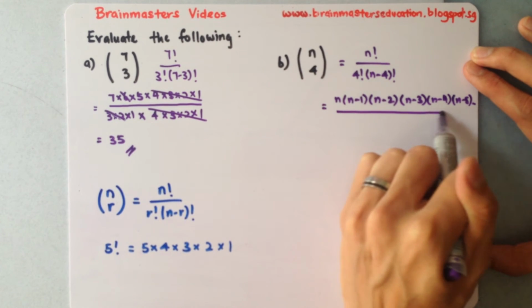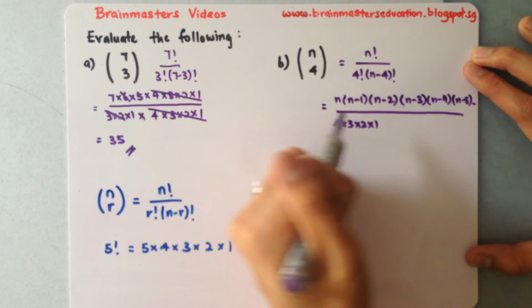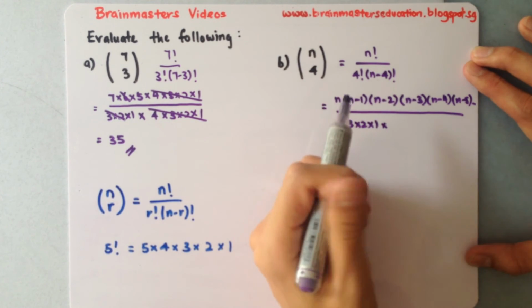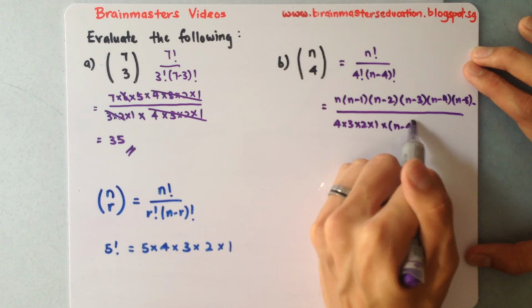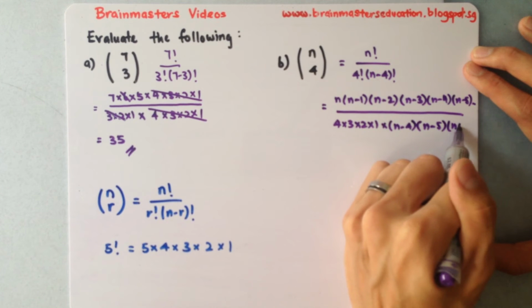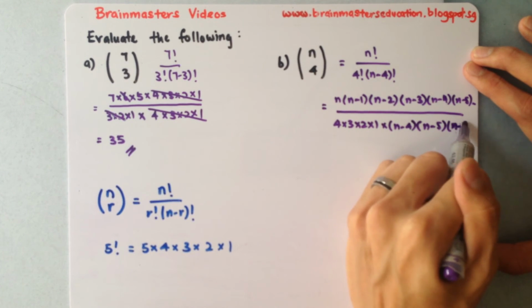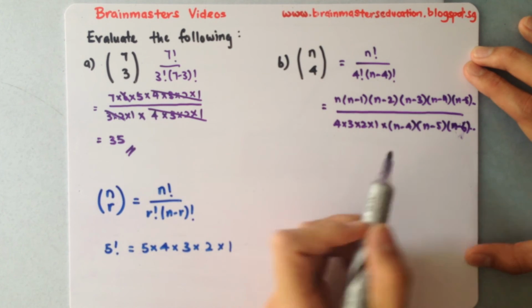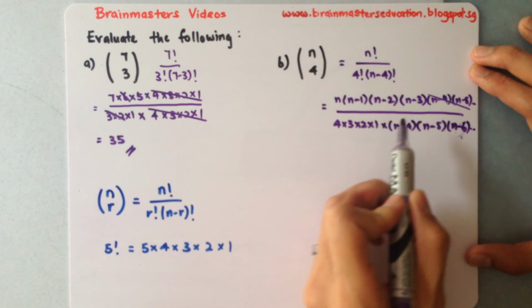So divide by 4 times 3 times 2 times 1, and then multiply by n minus 4 factorial. Since I have n minus 4, I start from the smallest, which is n minus 4, followed by n minus 5, n minus 6, and so on. You see, n minus 4, n minus 5 onwards are all cancelling off, just like the one over here.